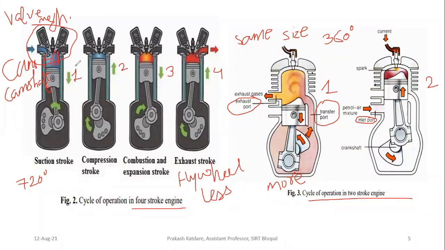Then the efficiency of four-stroke IC engine is very high as compared to two-stroke. Four-stroke IC engines are preferred in those applications in which efficiency is very important, like our automobiles, industrial engines, power generators, etc.